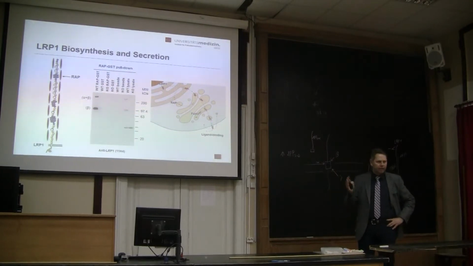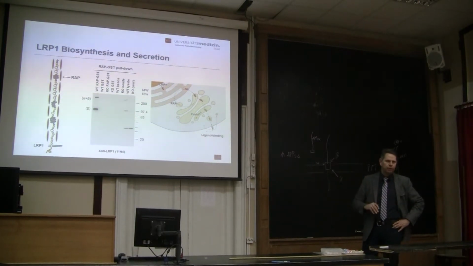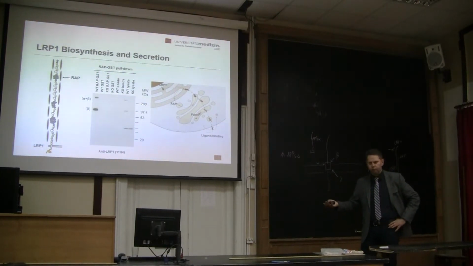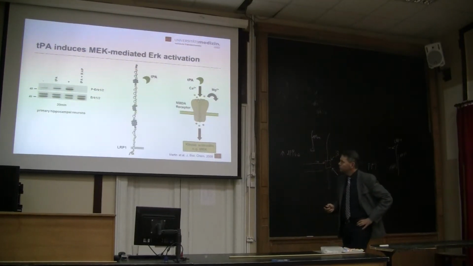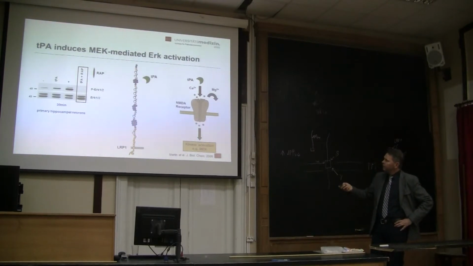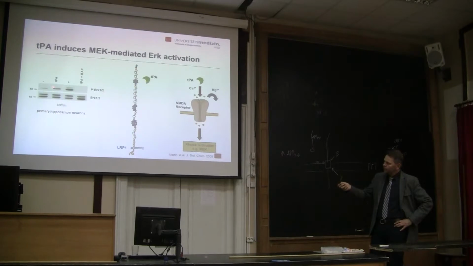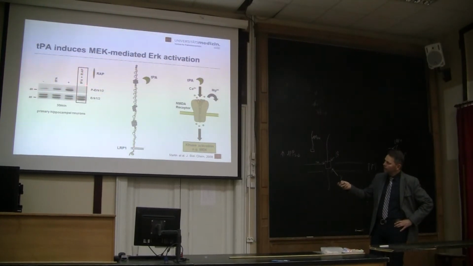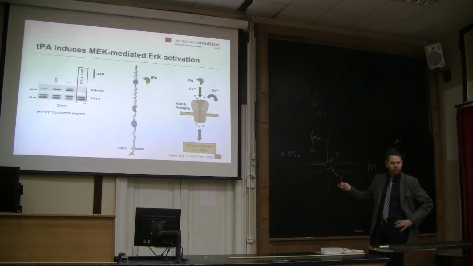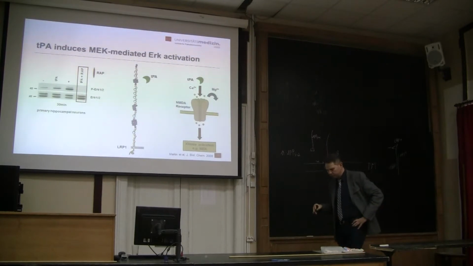So TPA cannot bind anymore, and therefore, if LRP has no effect, we still should see phosphorylation of ERK. If LRP has an effect, we should see reduced phosphorylation of ERK. And this is what happens. So we add TPA to the cell, again neurons, we have activation. When we add TPA together with RAP, the blockage of LRP, the activation is gone. So I was back in business and I sent my PhD student back to work.